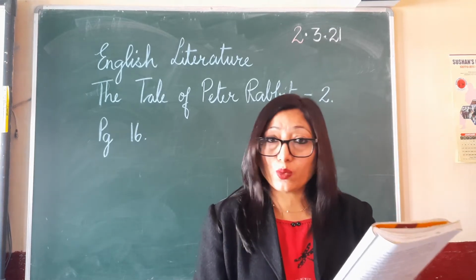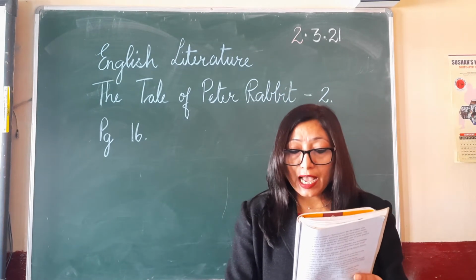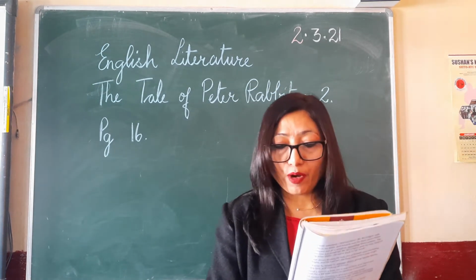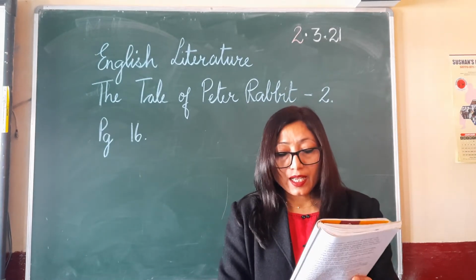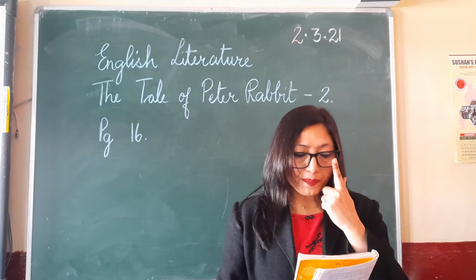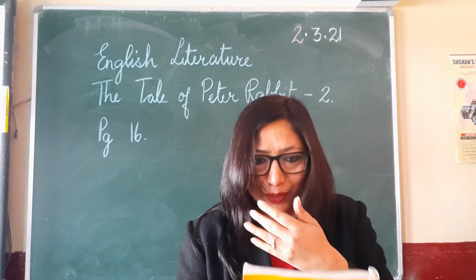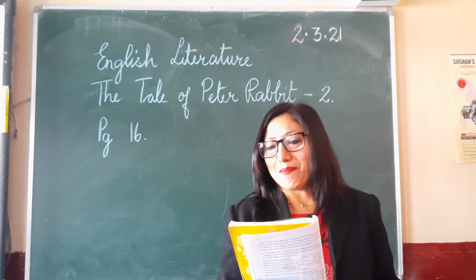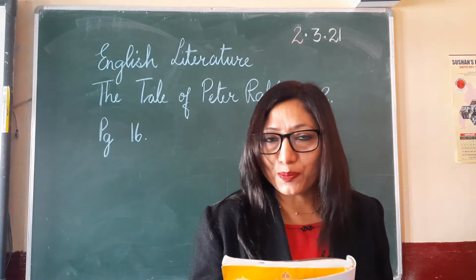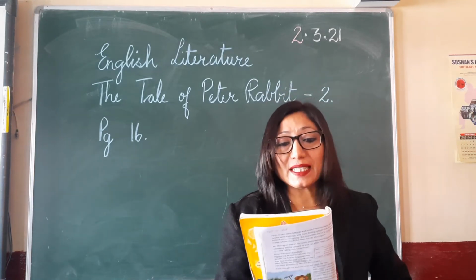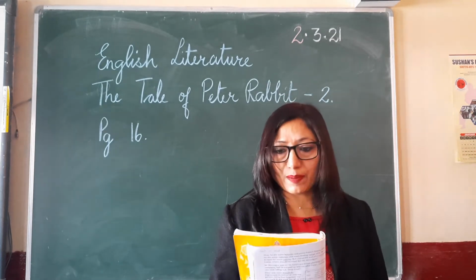Mr. McGregor was quite sure that Peter was somewhere in the tool shed, perhaps hidden underneath a flower pot. He began to turn them over carefully, looking under each. Soon Peter sneezed. Achoo! Mr. McGregor was after him in no time and tried to put his foot upon Peter, who jumped out of a window, upsetting 3 plants.